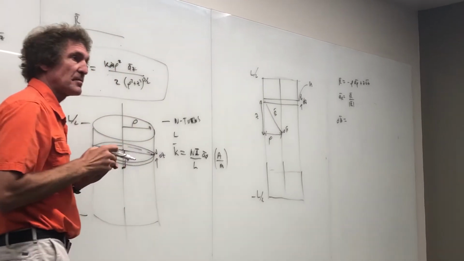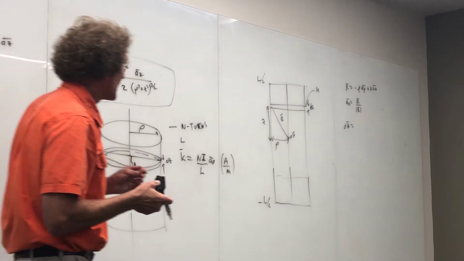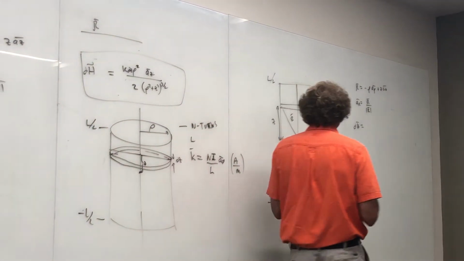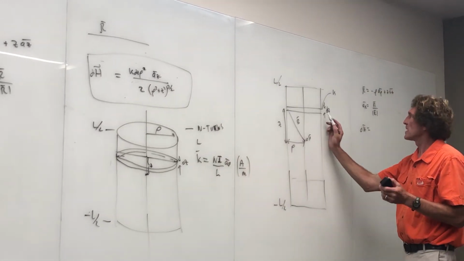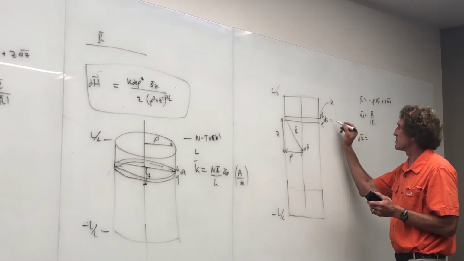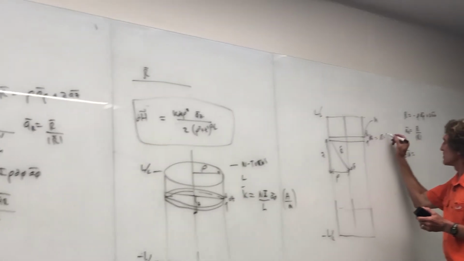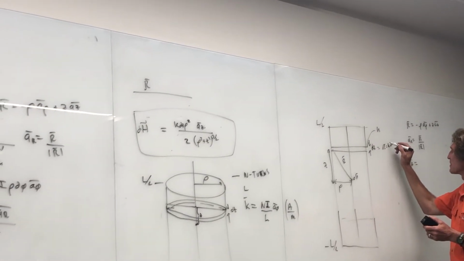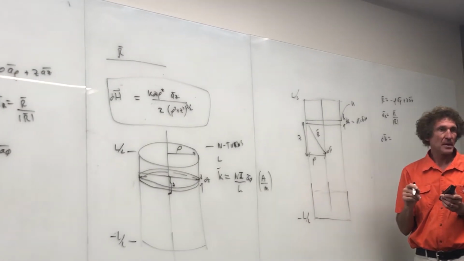Does this make sense to everybody? This is dz thick, so the amount of current in this thin ring would be K times dz. That would be dI equal to K dz. Make sense to everybody?